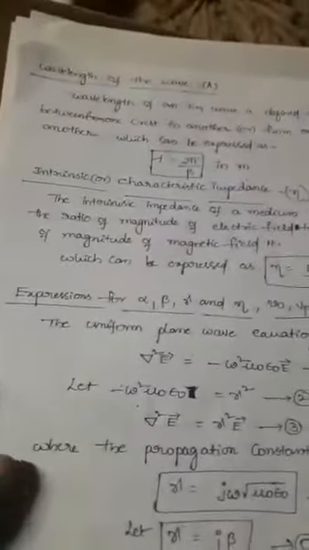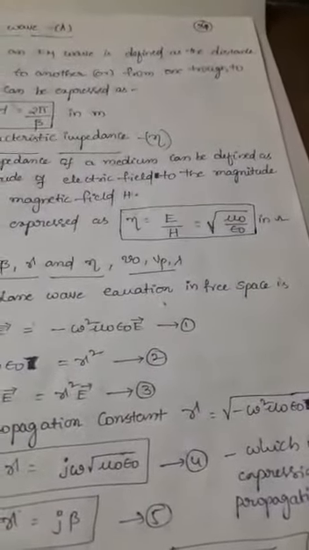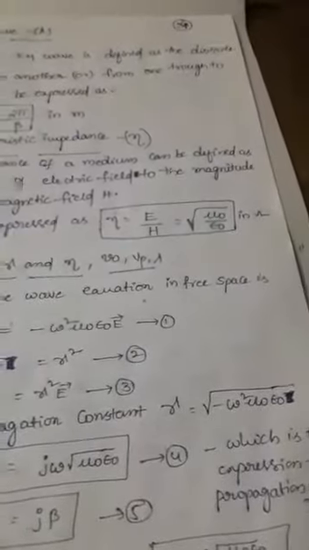The intrinsic impedance of a medium can be defined as the ratio of the magnitude of electric field E to the magnitude of magnetic field H. That's why it can be expressed as eta is equal to E by H, where E is the magnitude of electric field and H is the magnitude of magnetic field.